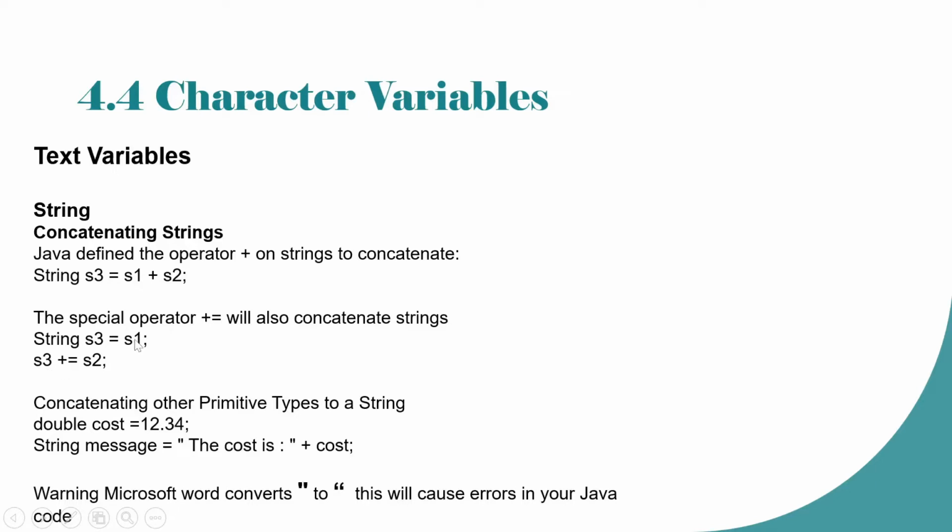So here we had a string with a value that was inside S1, and now we want to add to that value the value that's inside S2. So it creates a new string, and then it replaces the value inside this string with a new string. And that also happens here. Here we just declared it, but here we concatenated it and we are replacing the value inside this.